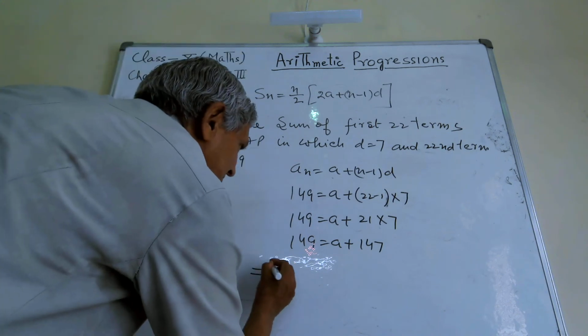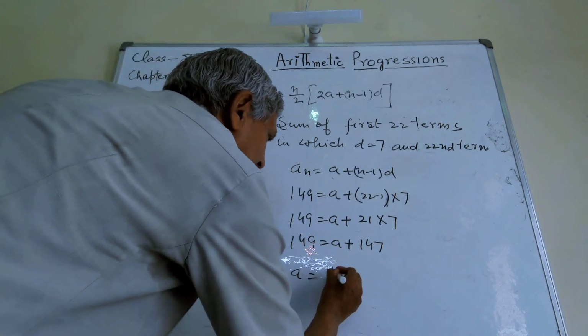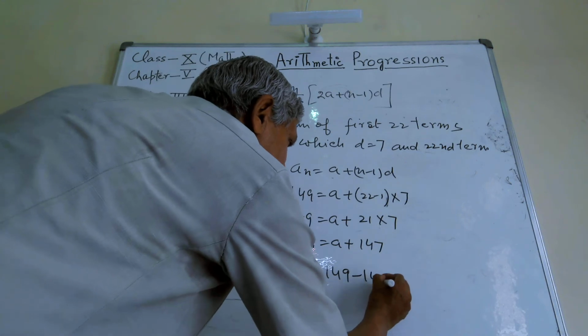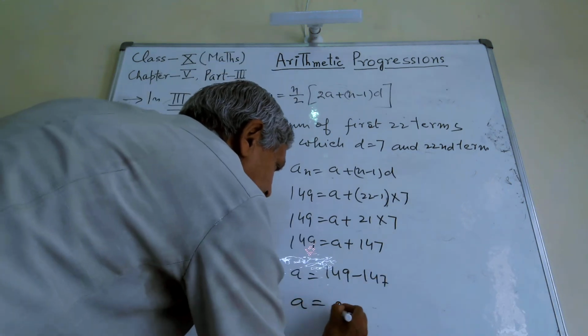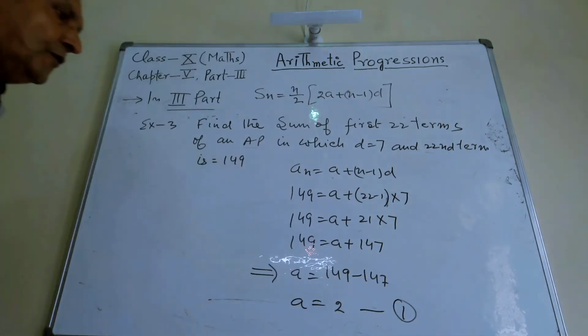This implies a is equal to 149 minus 147, and a is equal to 2. This is the value of a from the first formula.